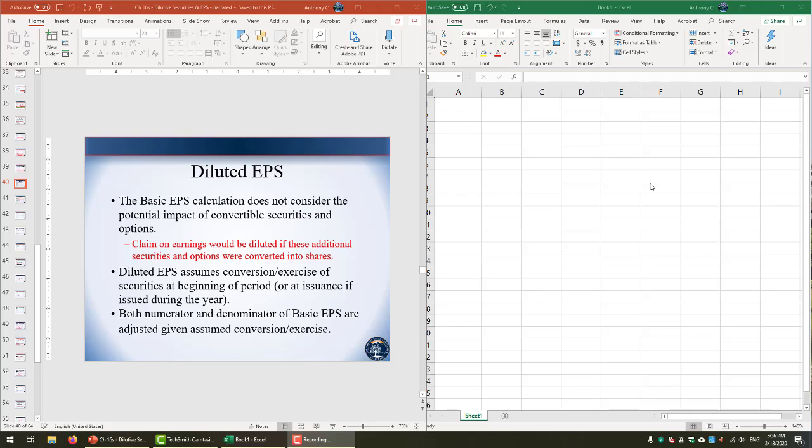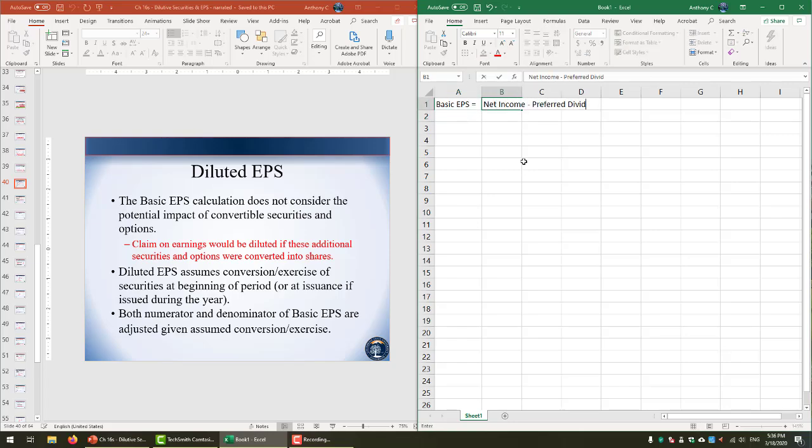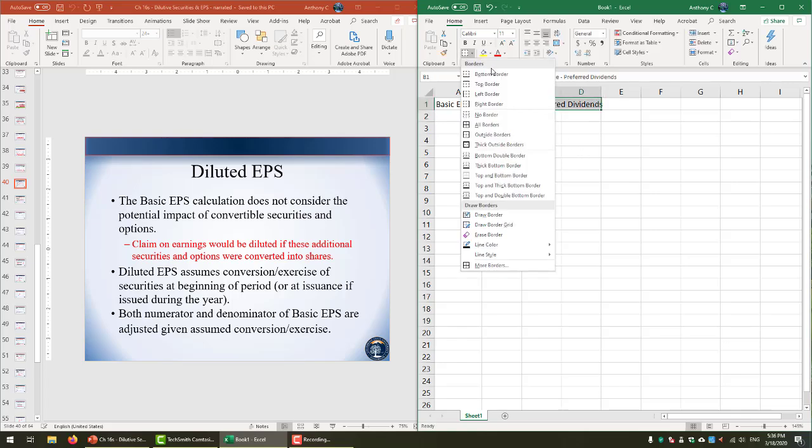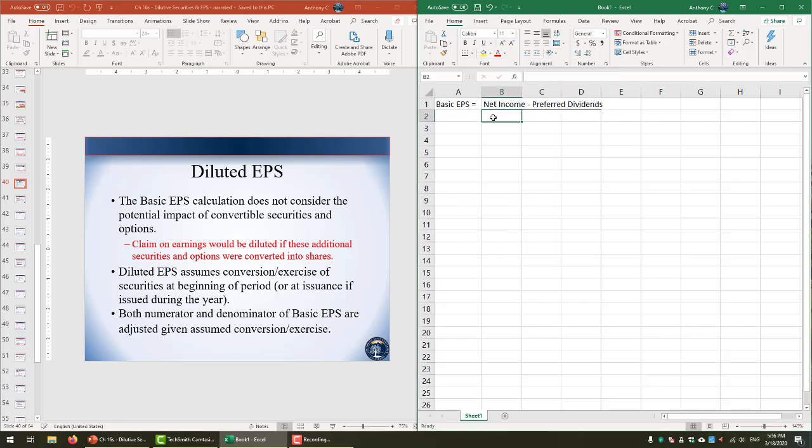Now that we know how to calculate basic EPS, we can use it as a basis for calculating diluted EPS. So just as a quick refresher, basic EPS is equal to net income minus preferred dividends, and then we divide all of that by our weighted average common shares outstanding.